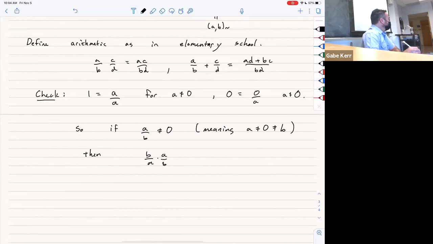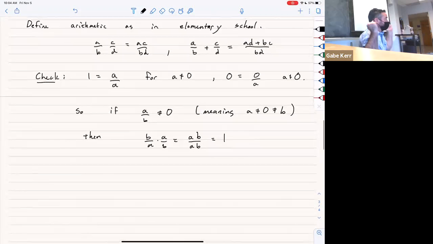A over B times B over A, again using commutativity, gives us AB over AB, which is our unit. Which means all of the non-zero elements in this ring have inverses. We made a field. Yay. Started with a ring, an integral domain, so we had some conditions on it. Built a field.